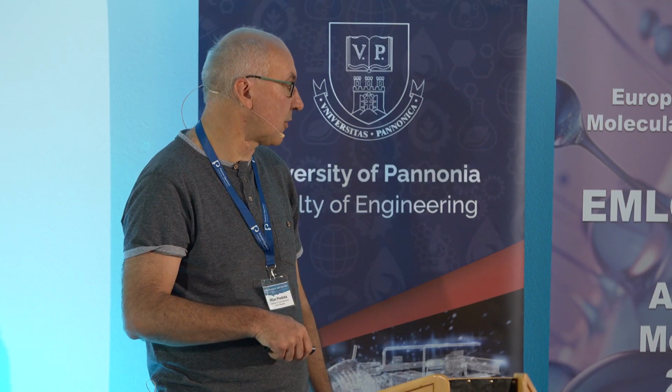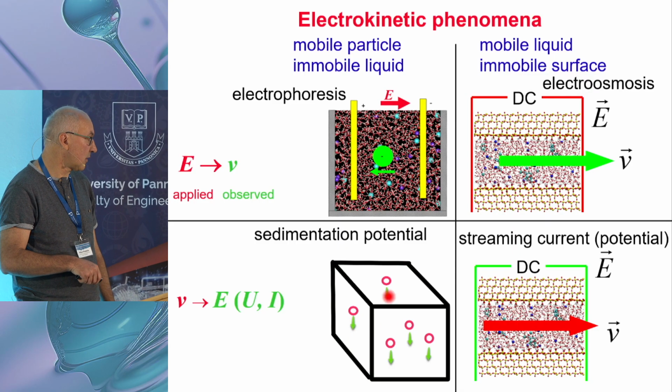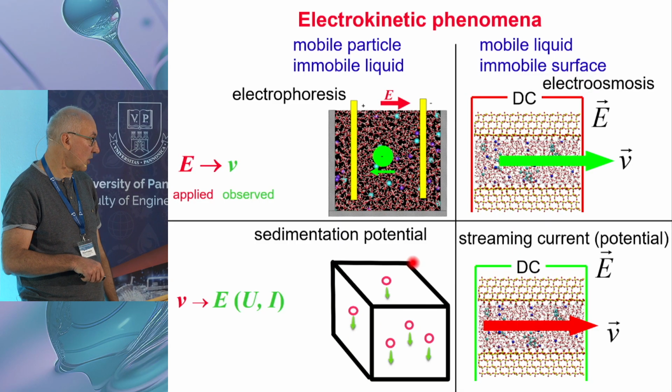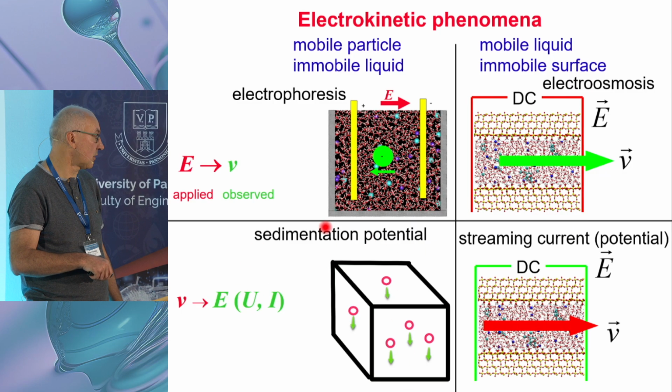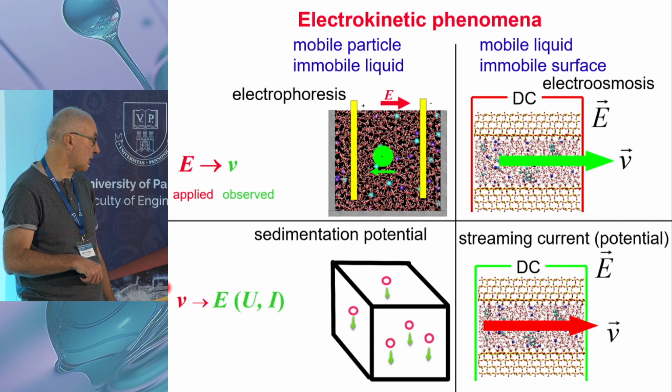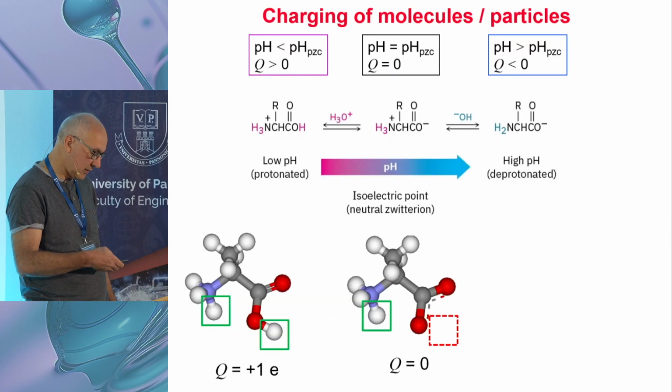So if you just let it sediment, so the particles will move top to bottom in your vessel, it will generate a difference in electrostatic potential top to bottom, and you can measure either the sedimentation potential or current. So in this case, no electricity is applied, but rather it's generated, it's measured.